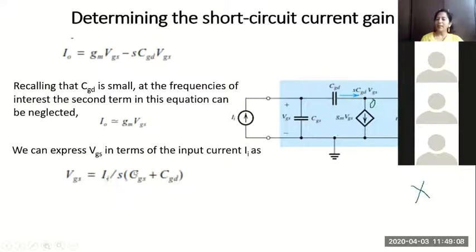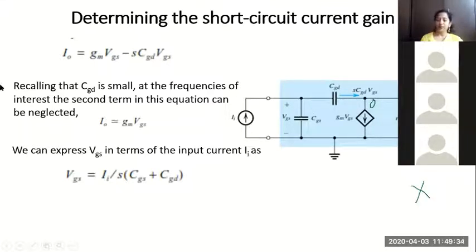So II into 1 by S into CGS plus CGD. Remember, when capacitors are in parallel, their value gets added up. So CGS plus CGD is the effective capacitance of these two which are in parallel. And I also told you why they are in parallel. The potential at this end is 0, so it is as good as telling these two are in parallel.